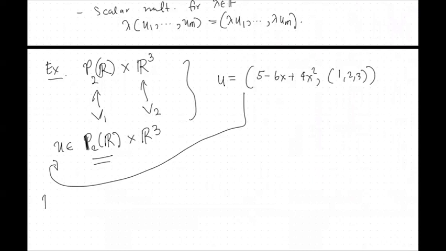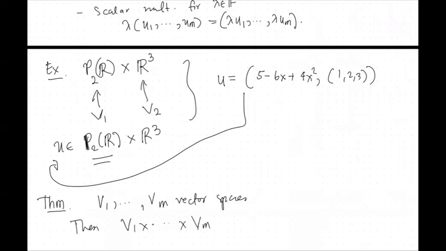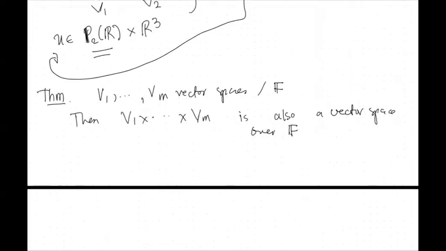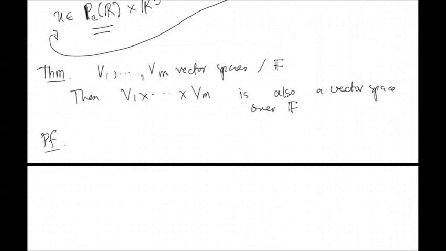Now, as I remarked earlier, let me state this as a theorem. If we have V1 to Vm vector spaces over F, then the product V1 up to Vm is also a vector space over our field F. So the proof here is easy.